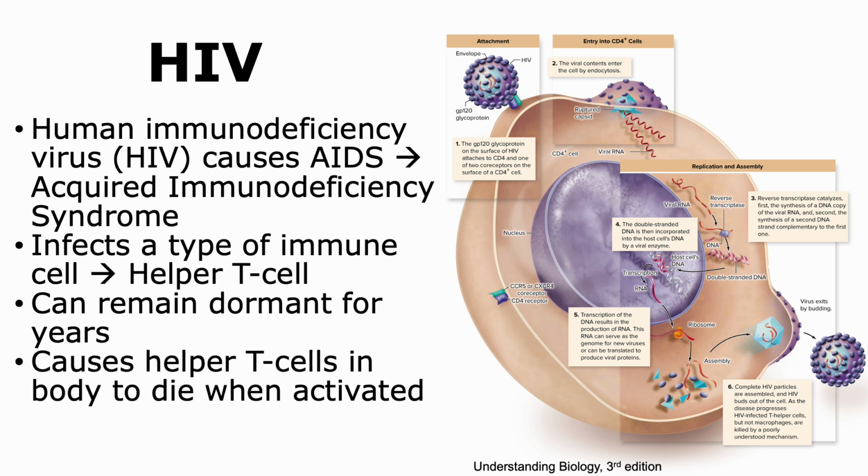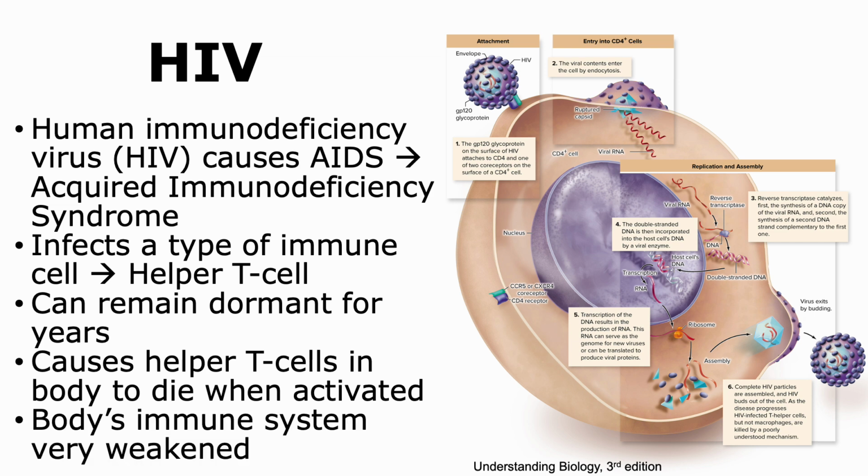However, when it does get activated, it can cause helper T cells in the body to die because it starts making many virions. With the loss of these helper T cells, the body's immune system becomes very weak, and usually individuals die because of other types of infections since they don't have a functional immune system.